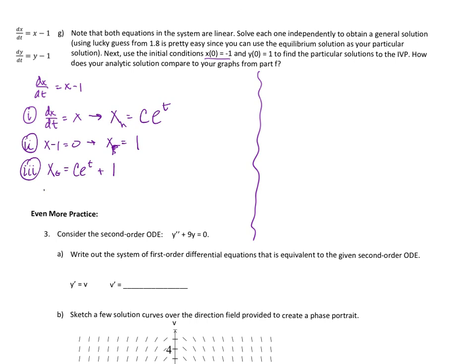So x of 0 would give me c plus 1, and that's supposed to be negative 1. So c equals negative 2, which means that my solution, x of t, is going to be c e^t plus 1, but replace the c with a negative 2. Negative 2 e^t plus 1.